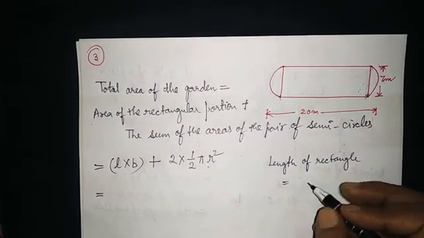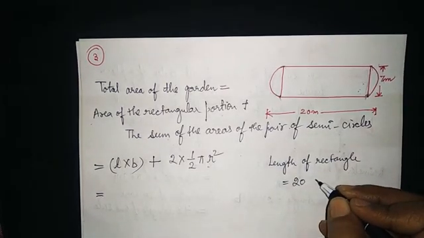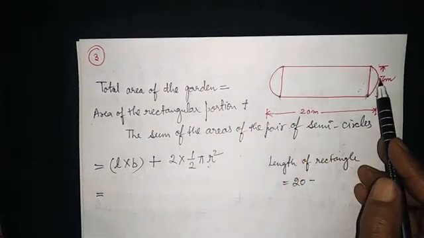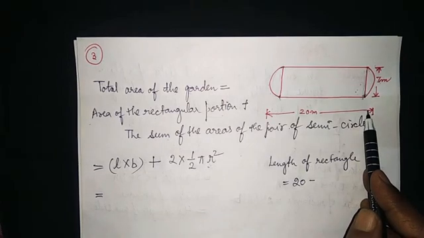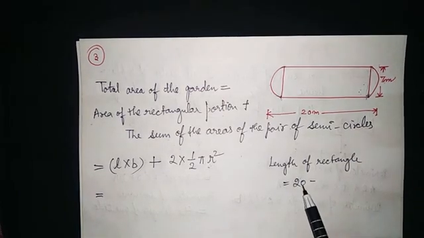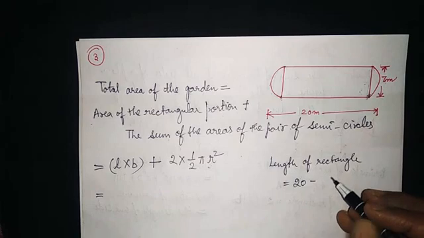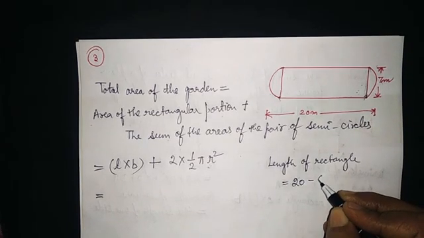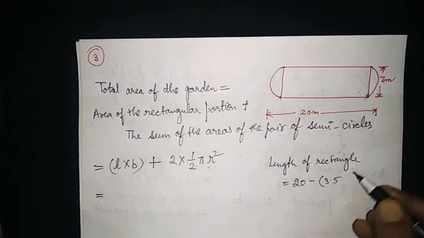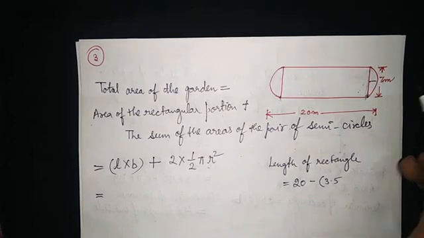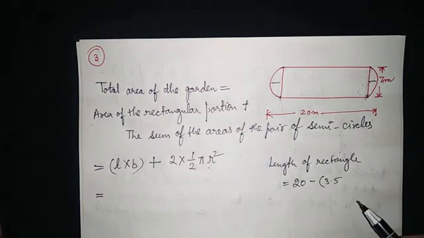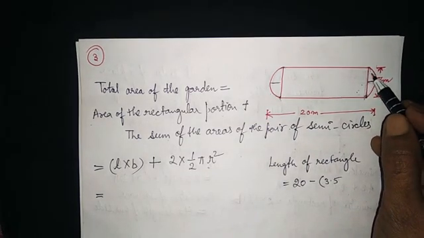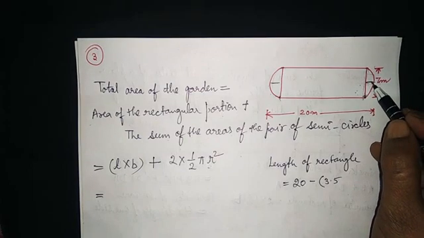It is equal to 20 minus, here the distance from here to here is 20. And we will subtract 3.5 from this side and 3.5 from this side. Why 3.5? Because its radius is 3.5.